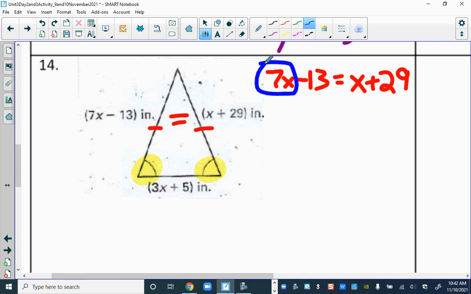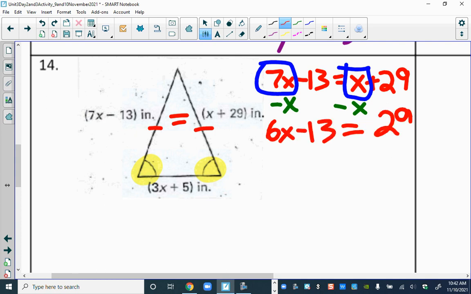Again, x is opposite side, so somebody has to move. Who can tell us real quick? You do the minus x. 6. Good. I'm liking this.